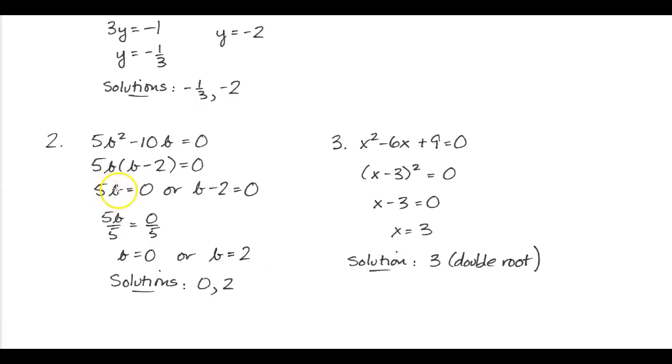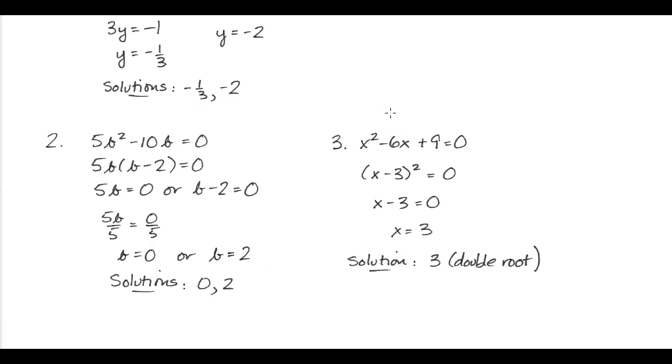To solve for b, I can divide both sides by 5. 0 divided by any number is 0, so b can be 0. The equation to the right of the word OR is b minus 2 equals 0. We can add 2 to both sides and get b equal to 2. So the solutions are 0 and 2.